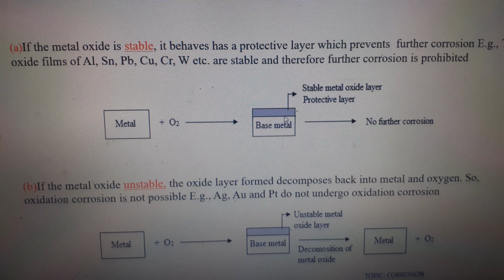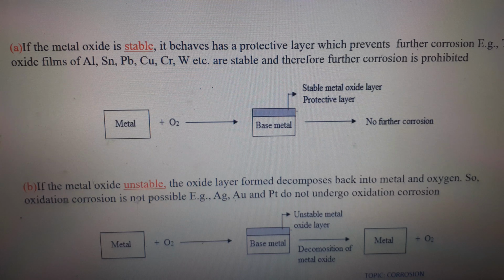Remember, non-porous means it will not allow the oxygen to move inside it. Once the layer is formed, corrosion will stop here only. There will be no further corrosion. That is why it is known as a stable metal oxide layer.